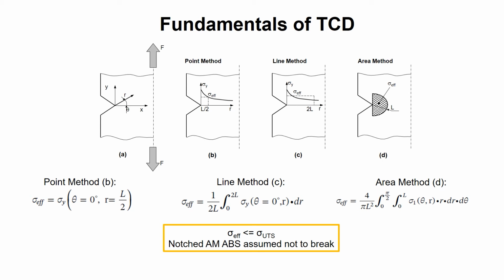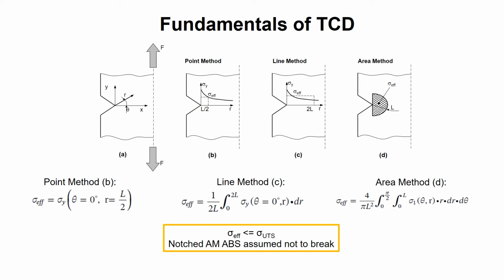For the line method, the effective stress can be obtained by averaging the linear elastic stress along the notch bisector over a distance equal to 2L. Finally, for the area method, the effective stress is determined by averaging the linear elastic stress over a semicircle that is centered at the notch tip and has a radius equal to L.